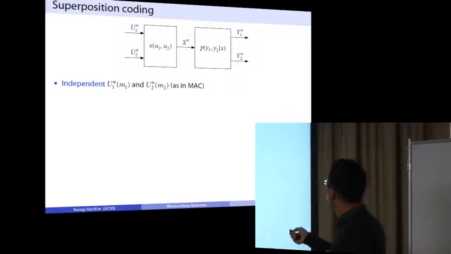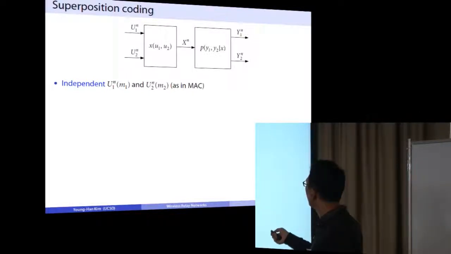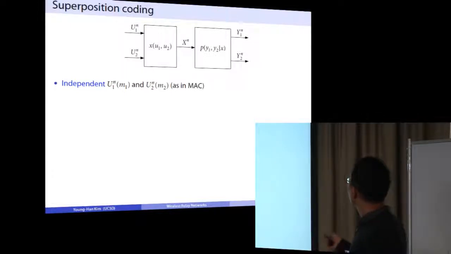Now, if you look at how we are doing the superposition coding, we are doing the symbol by symbol mapping of our virtual inputs U1 and U2, and that generates X. And then there is our channel. So end to end, you can think of it as the channel with inputs U1 and U2 and outputs Y1 and Y2. For each receiver, you can view U1 and U2 as one desired signal and one interfering signal.